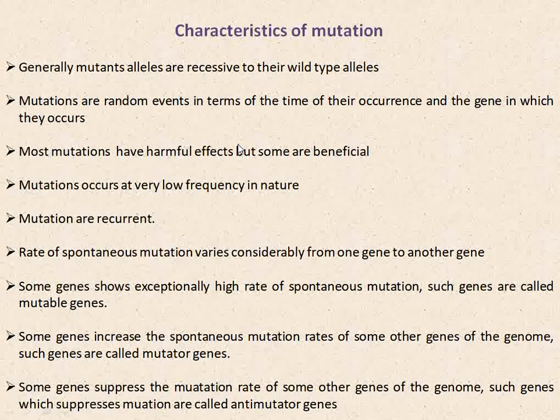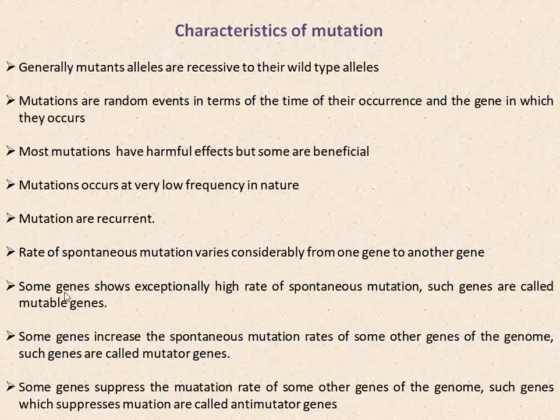So these are the characteristics of mutation. What are those? Mutant alleles are recessive mutations, they are random events, most mutations have harmful effects, mutations occur at very low frequency in nature, mutations are recurrent events, and the rate of spontaneous mutation varies from gene to gene.